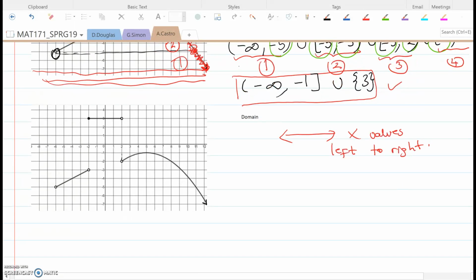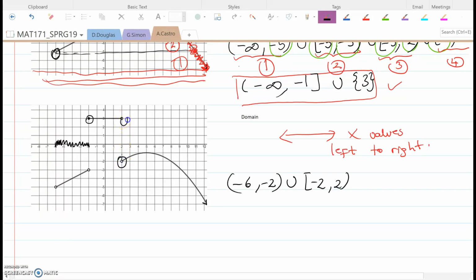So for those x values, first we're coming from -6 till -2, both in parentheses. Good. Union. -2 starts from here with a bracket because it's closed, and it goes till 2. 2 is open.